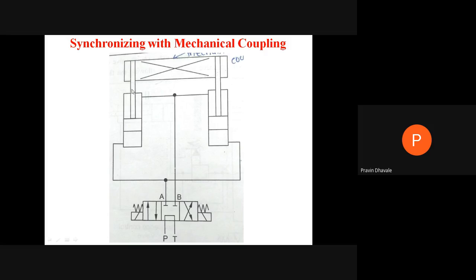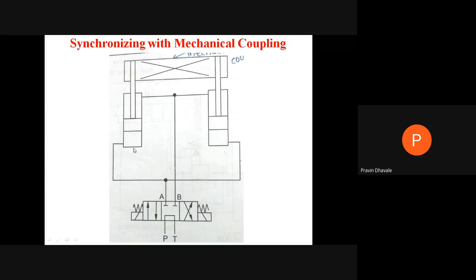Irrespective of the load on a cylinder, we have to move both the pistons simultaneously. For that purpose, we are connecting these two piston rods by using this mechanical coupling. So this circuit is called a synchronization circuit.